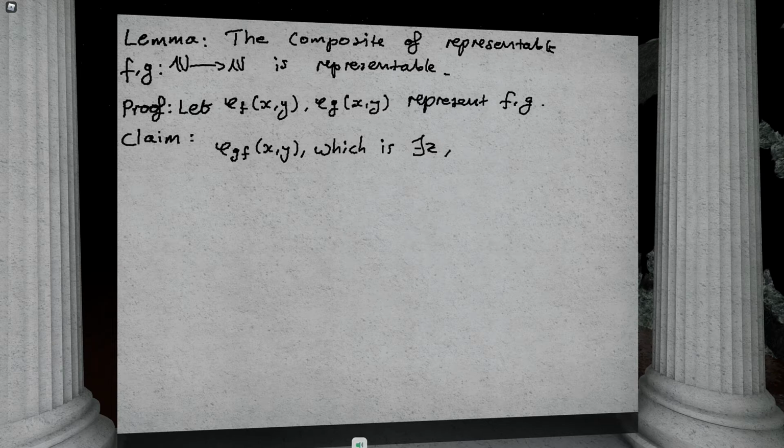So it's pretty natural what you would say. It's just there exists Z such that phi G X Z and phi F Z Y. Okay, and now I need to show that this is representable.